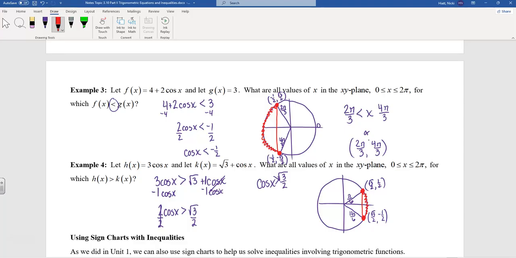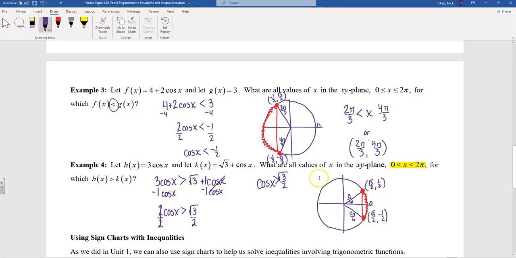However, you have to be careful on how you give your answers here, because they told us that we are looking between 0 and 2 pi. So my answer looks like a pi over 6 to 11 pi over 6. But it's not. Pi over 6 to 11 pi over 6 would be all the parts that are not the answers, right? So when you're giving the answer here, you always want to start at 0.